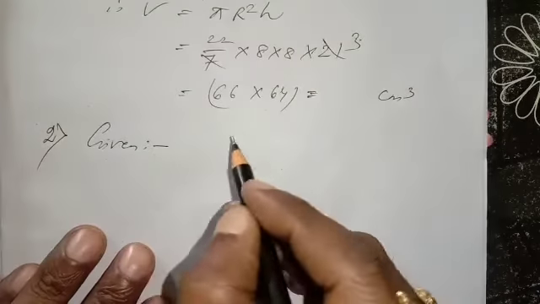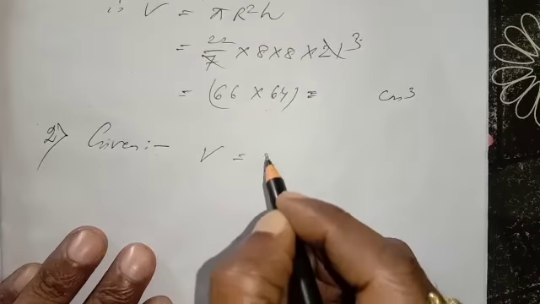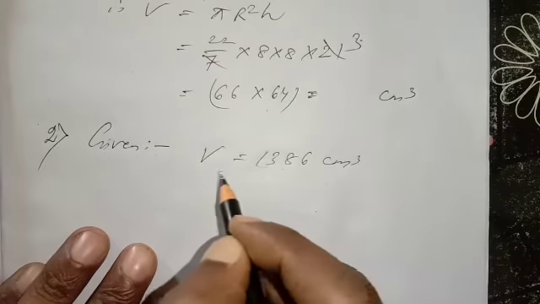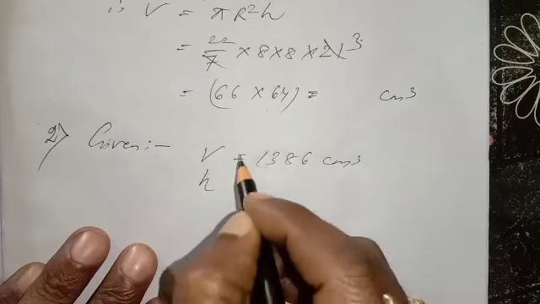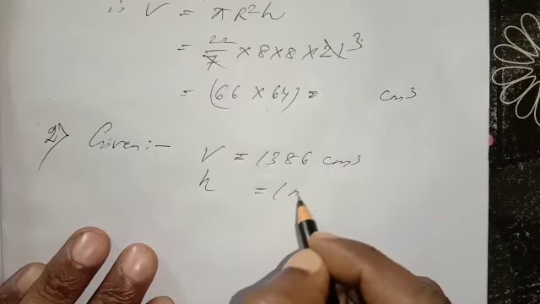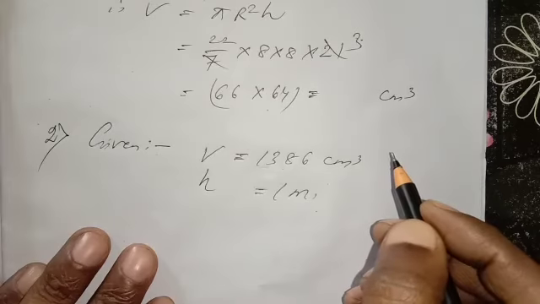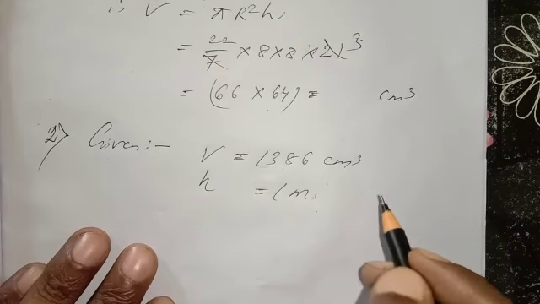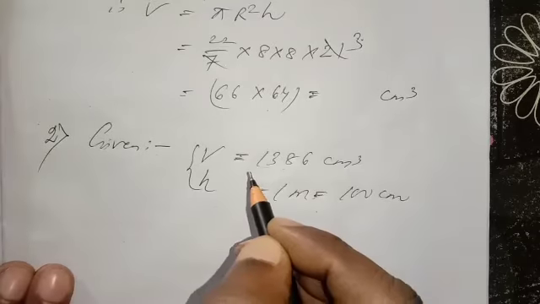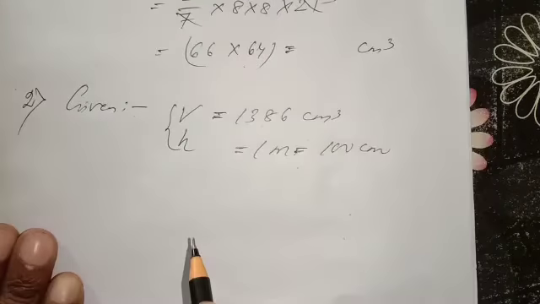The volume of the cylinder is 1386 centimeter cube. Height means the length of the rod, 1 meter. 1 meter means 100 centimeter.